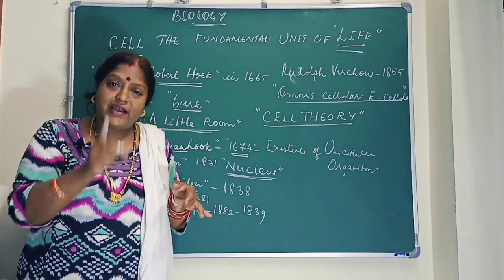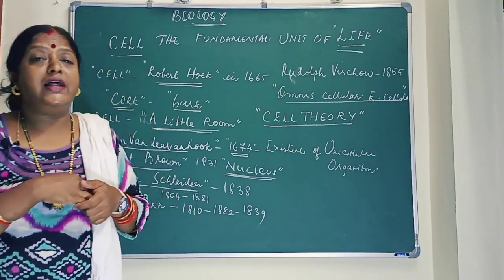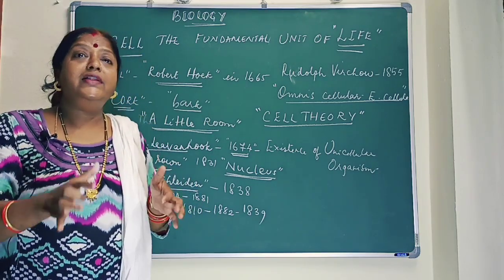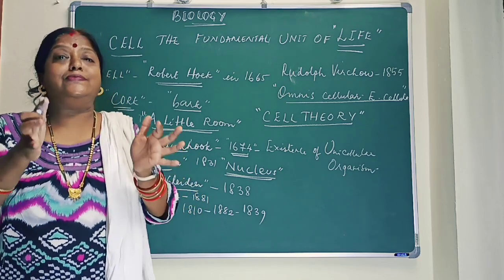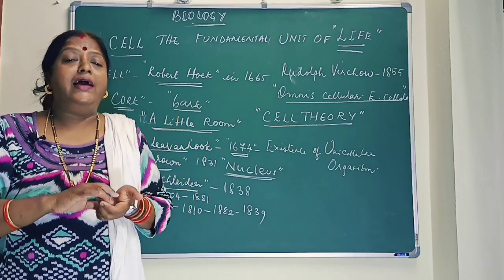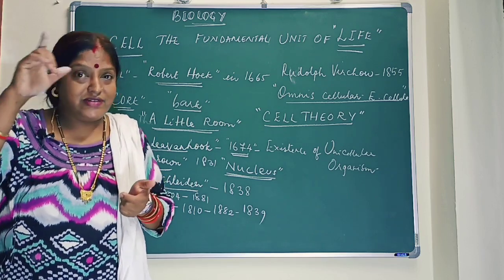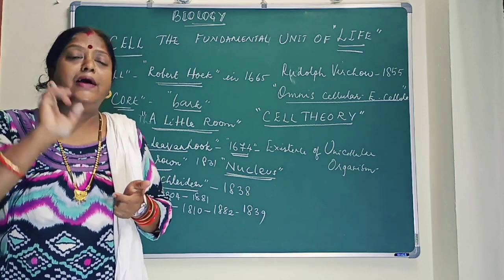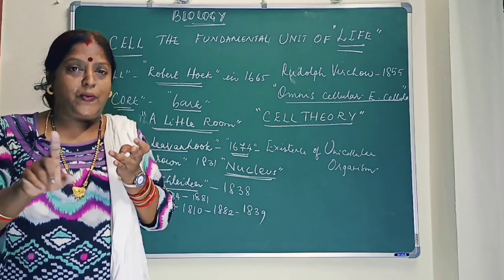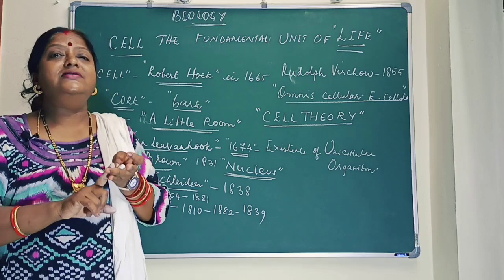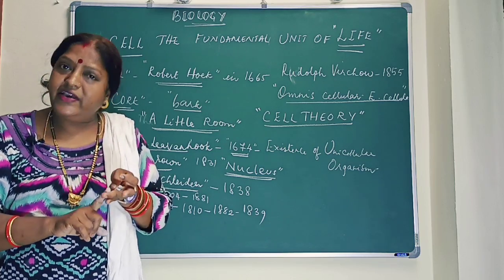Okay, children, and next, they observed that all the cells, whether plants or animals, have a plasma membrane. Okay, and in plants there is a cell wall present outside the plasma membrane. So presence of nucleus, presence of protoplasm. Protoplasm is a jelly-like fluid present in the living cell.